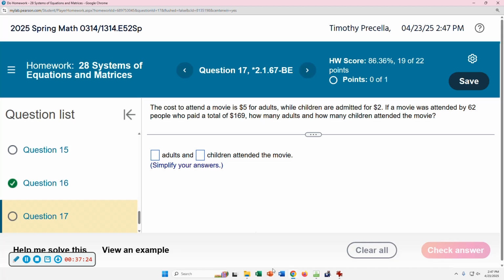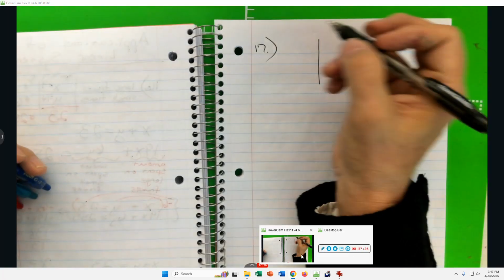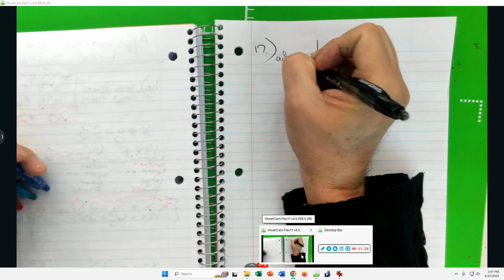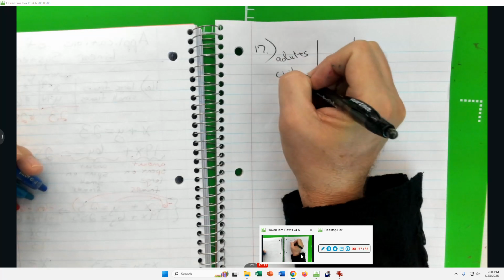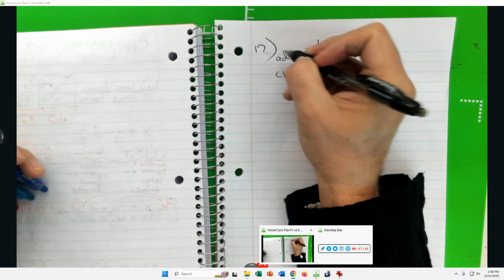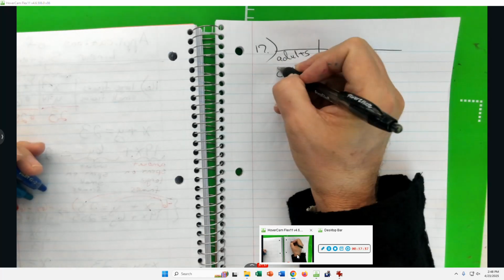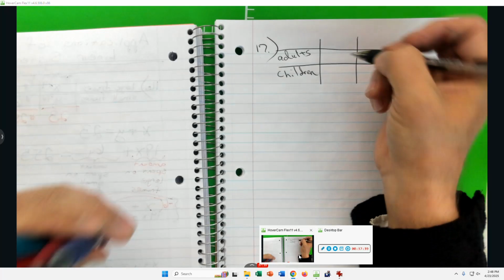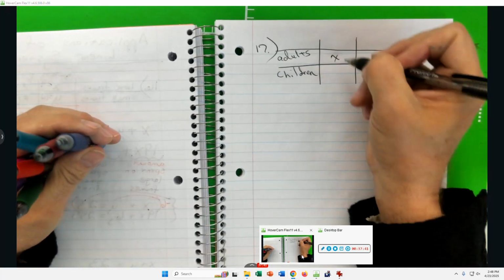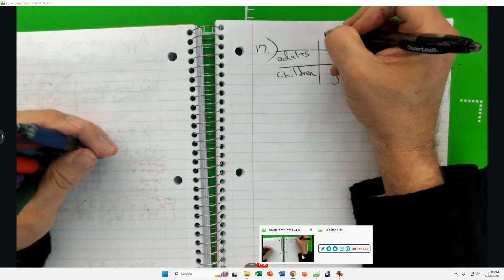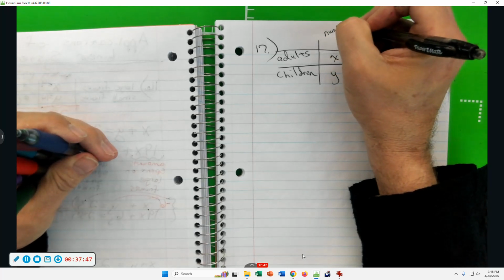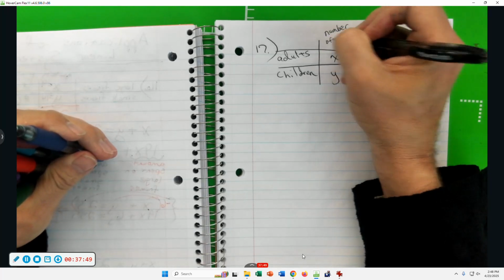So I'll say adults and children, and I'll let the unknown column be the number of tickets. We don't know how many adult tickets were sold.